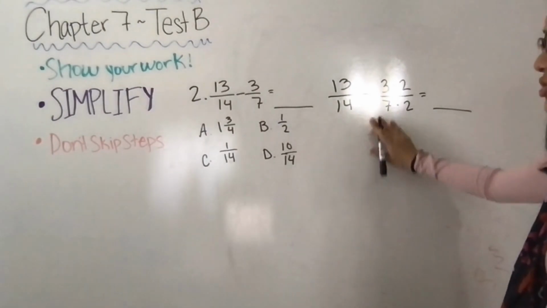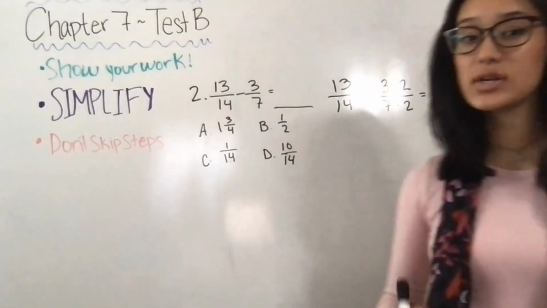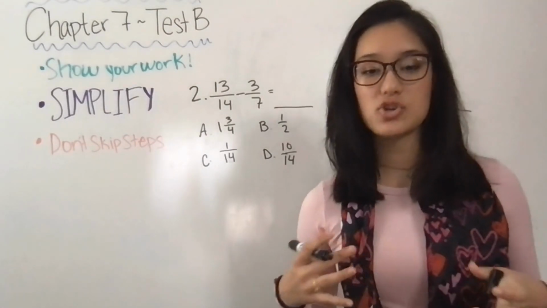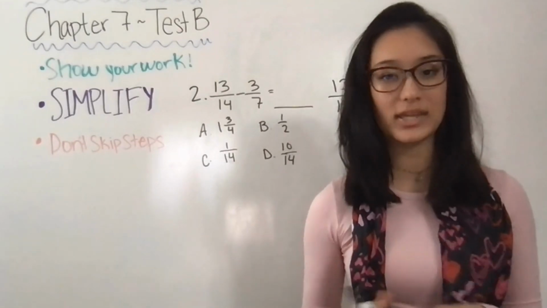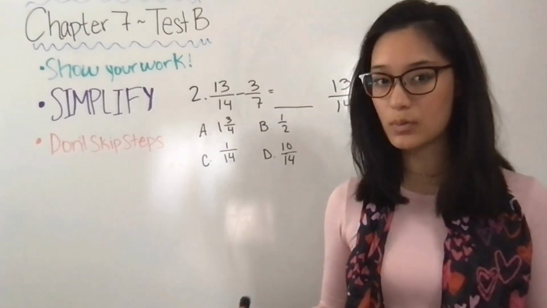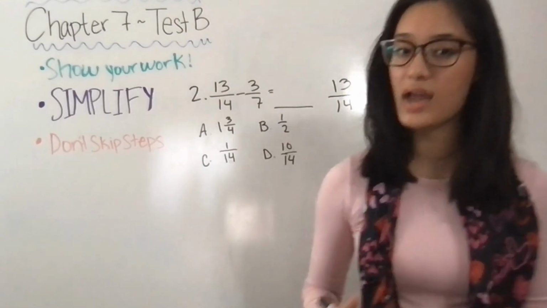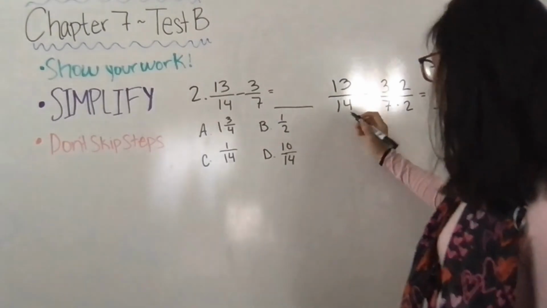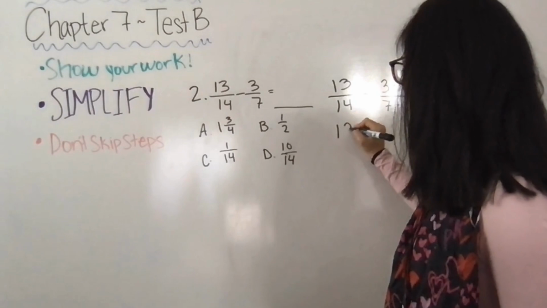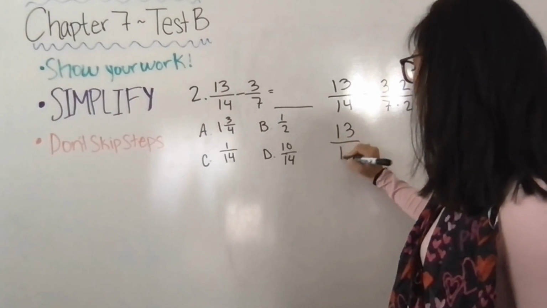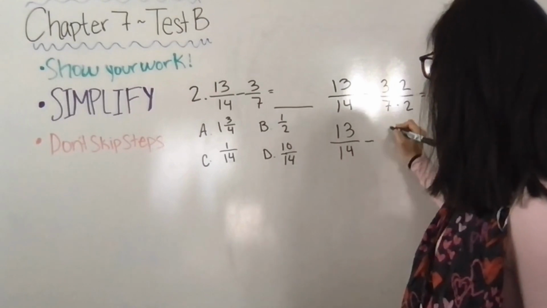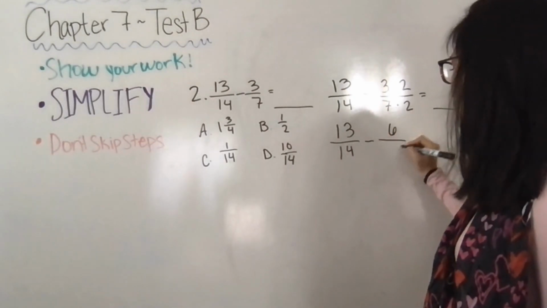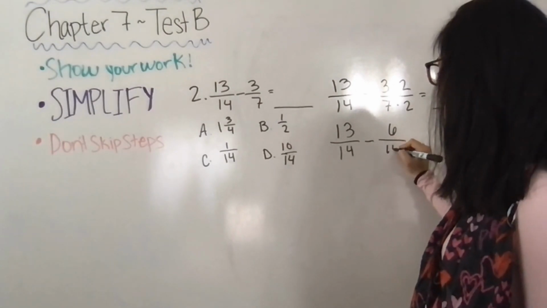Now, remember, show all of your steps because your teacher wants to give you partial credit. Your teacher wants to support you and help you and give you as many points as possible, but they can only do that if you show all of your work. So rewrite your problem. 3 times 2 is 6. 7 times 2 is 14.